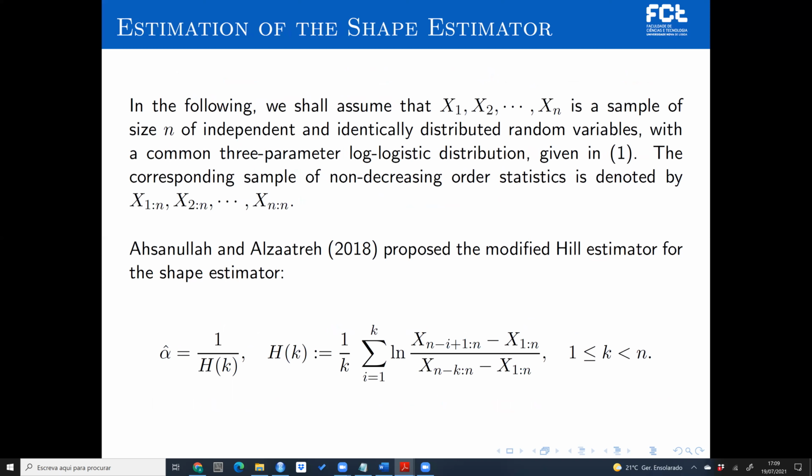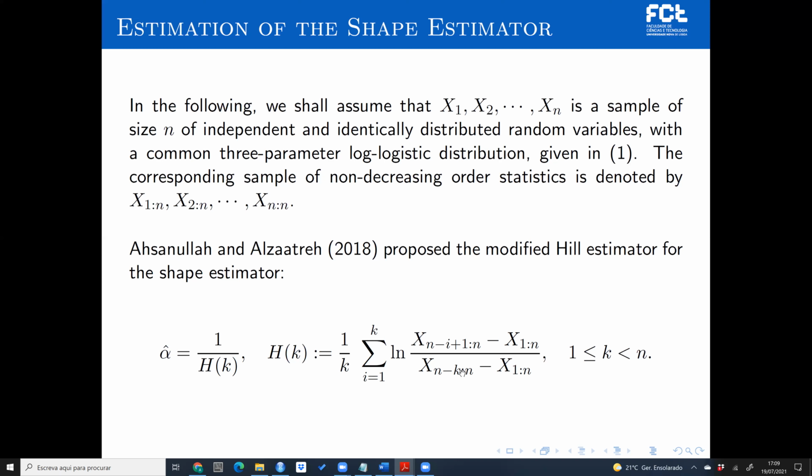So, Alzaatreh and Alzadar proposed the modified Hill estimator for the shape estimator. So, the shape estimator of the shifted log logistic distribution is given by this expression, where HK is the modified Hill estimator.